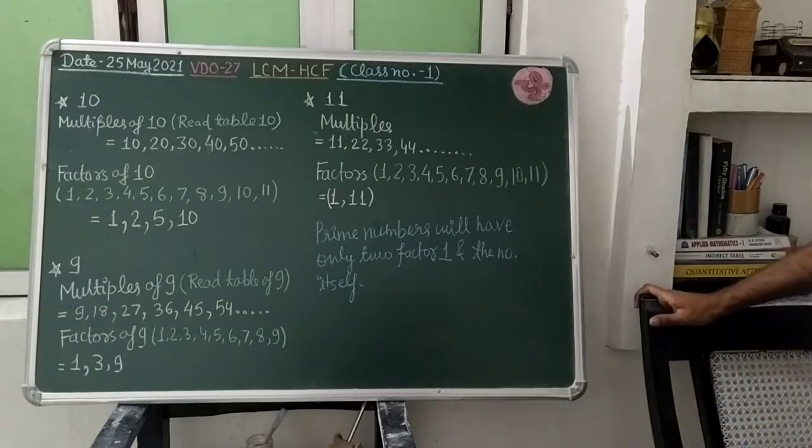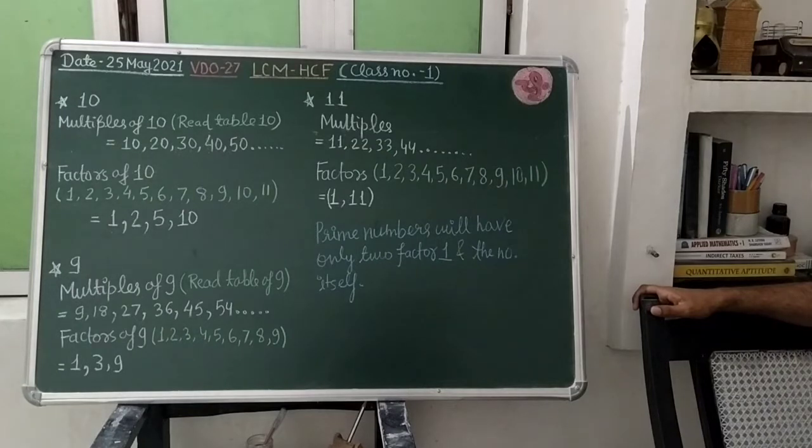Students, look at this prime number. A prime number is a number greater than 1 which is divisible by 1 and itself only. Prime numbers are those numbers which are greater than 1 and divisible by 1 and itself only. And students, when are we talking about factors?